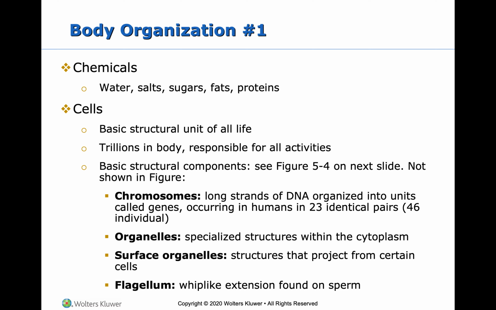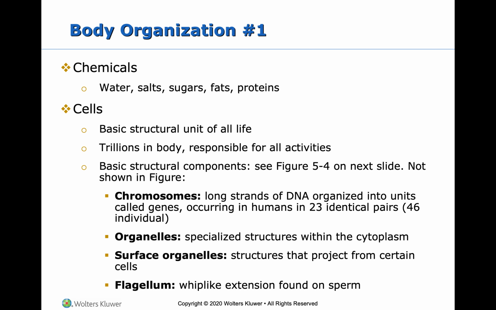Okay, so chemicals are the basic building blocks of everything. All living matter starts from chemicals. Those chemicals then assemble to form molecules. The molecules then combine to form organelles and cells. A cell is the basic structural unit of all life. Cells can combine to form tissues.